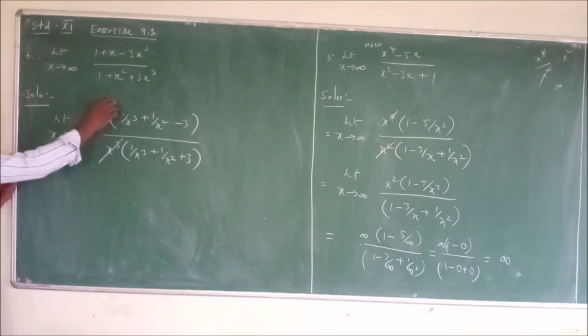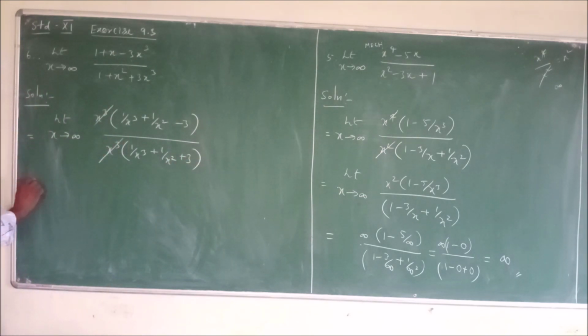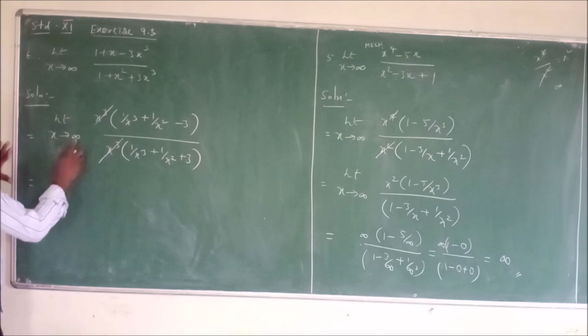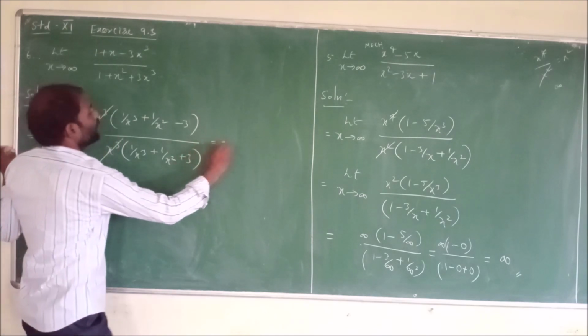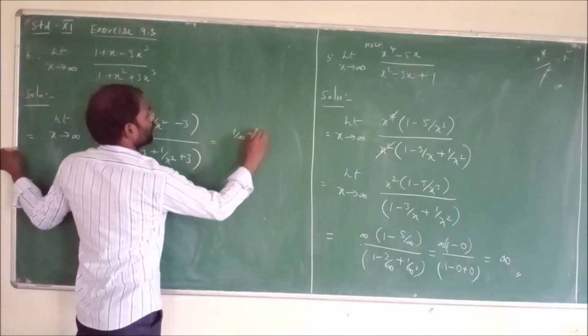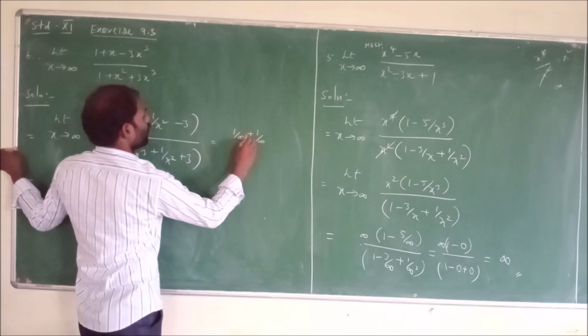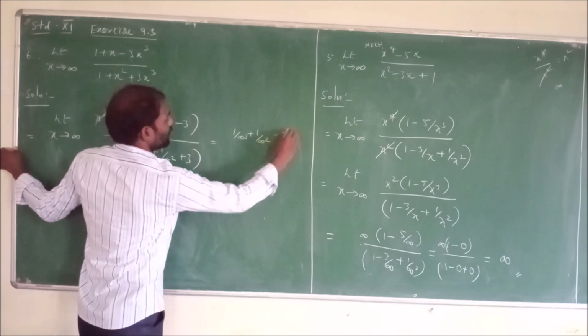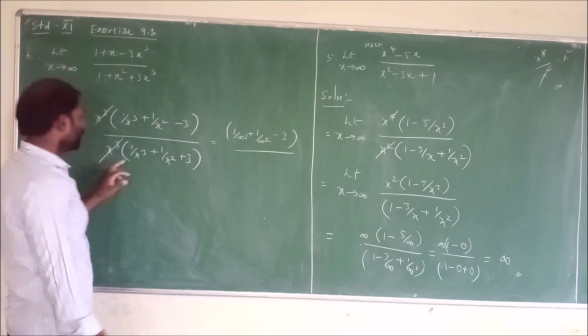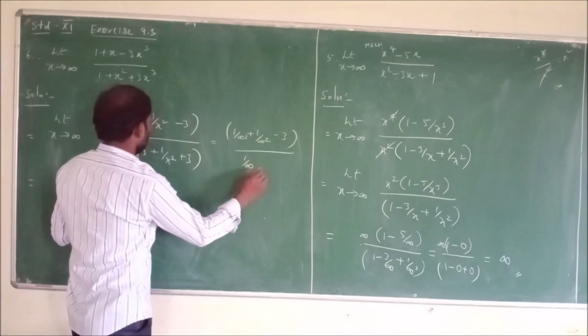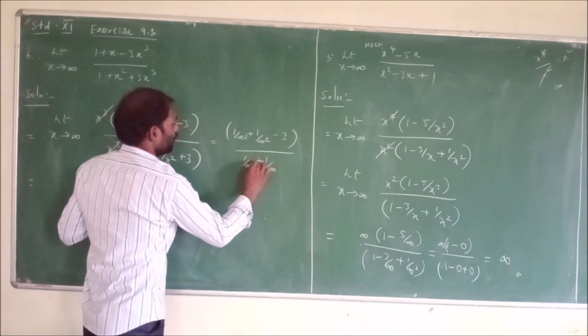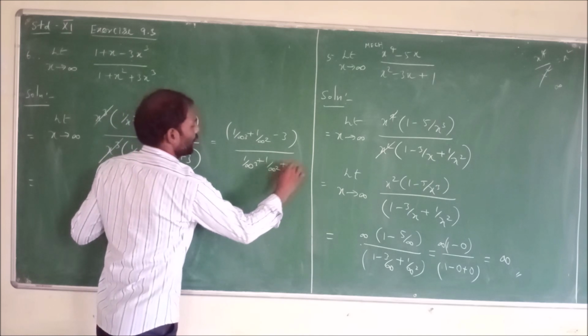So eliminate x cube from numerator and denominator. Applying the limit x tends to infinity, we get (1 by infinity cube plus 1 by infinity square minus 3) divided by (1 by infinity cube plus 1 by infinity square plus 3).